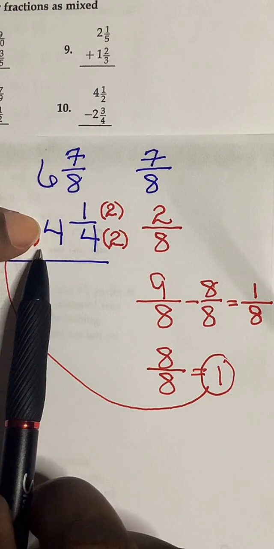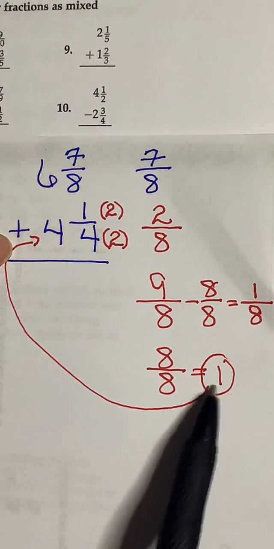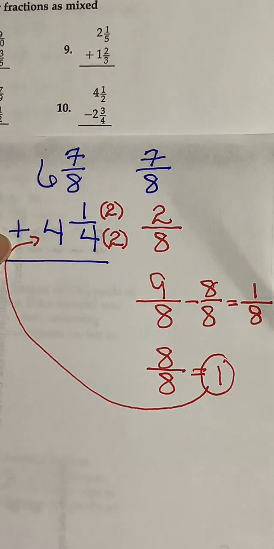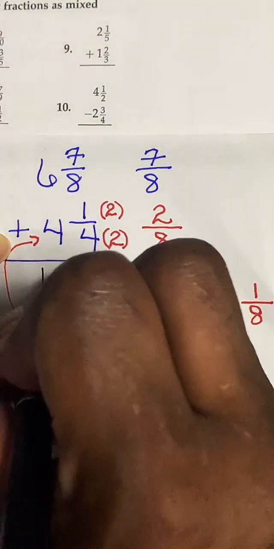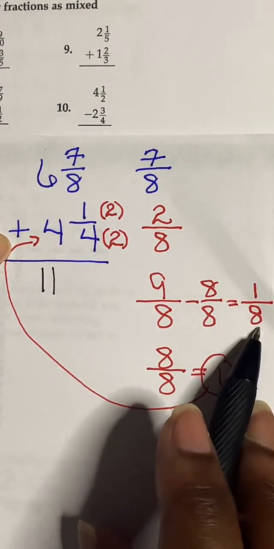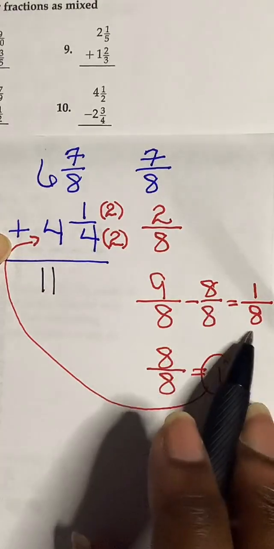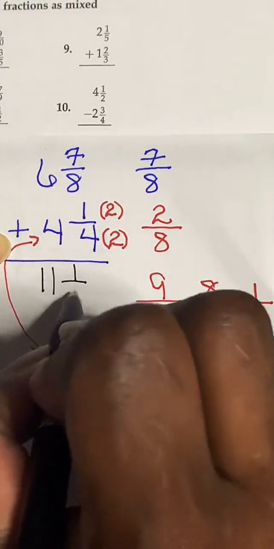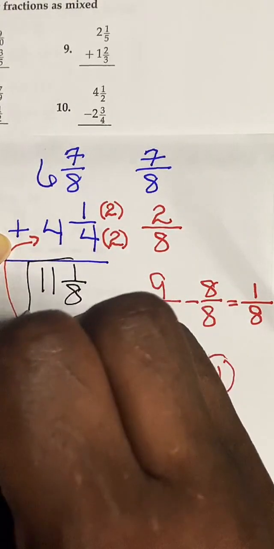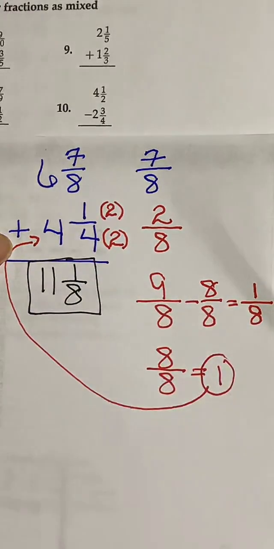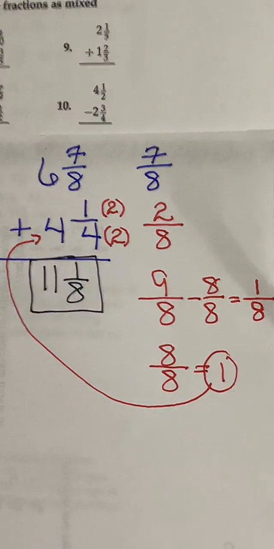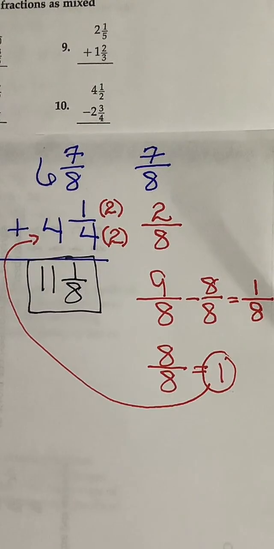So 6 plus 4 gives me 10, plus this 1 will give me 11. And then what's left over is this 1/8. So our answer is actually going to be 11 and 1/8.